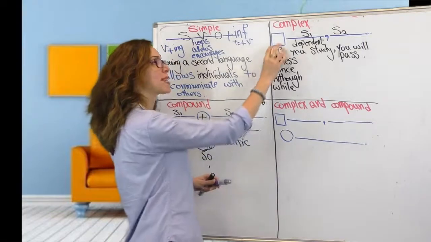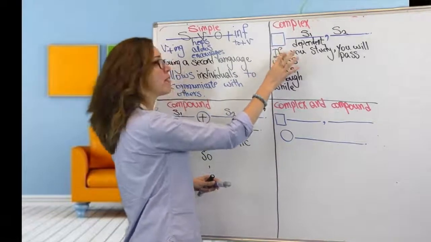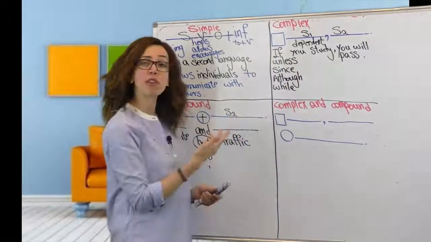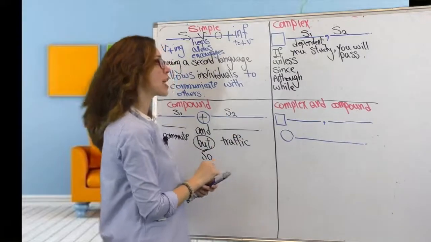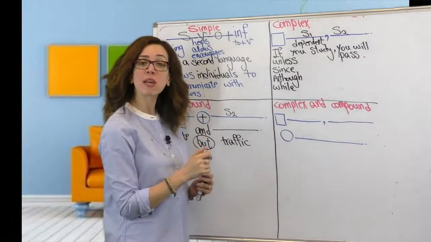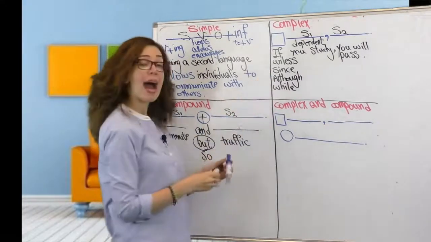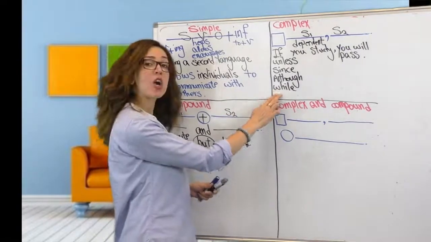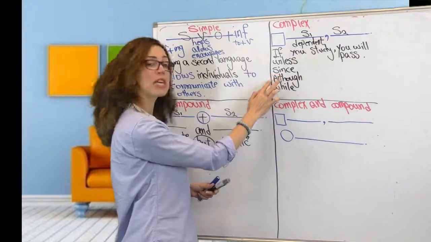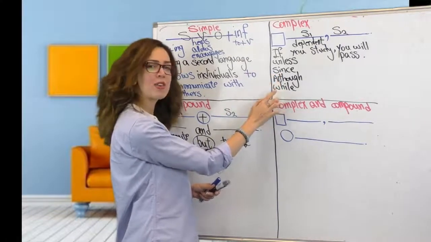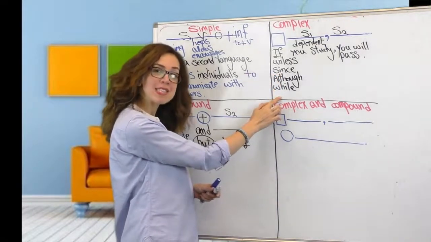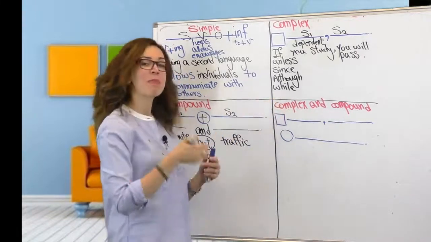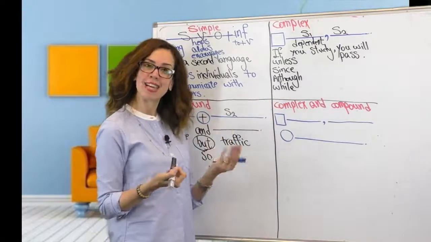So if you're talking about a condition, you can use "if," "unless," "otherwise." If you're talking about the reason for something, "since," "as," "because." If you're pointing out a contrast, "although," "even though," "while." Remember we used them in our thesis statement. We were talking about advantages and disadvantages.